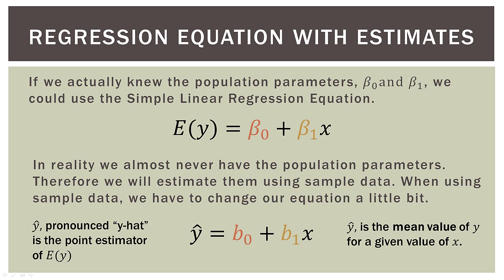Just like other cases in stats where we're using sample data, we write the equations a bit differently. All we do is use lowercase b where we have the betas in the top equation. And of course we have y hat versus the expected value of y. Now in functional terms, they act the same way. We just write it this way to acknowledge that we are using sample data.